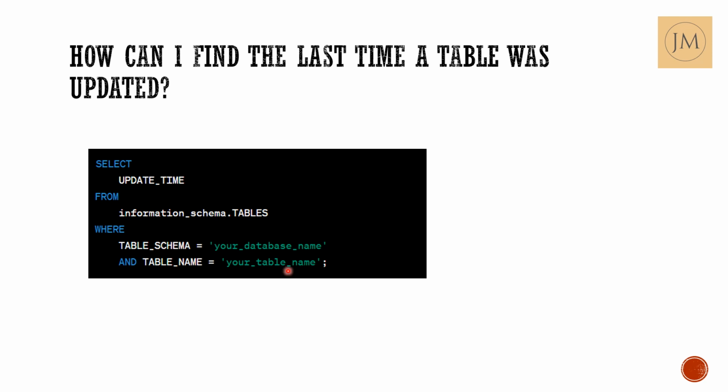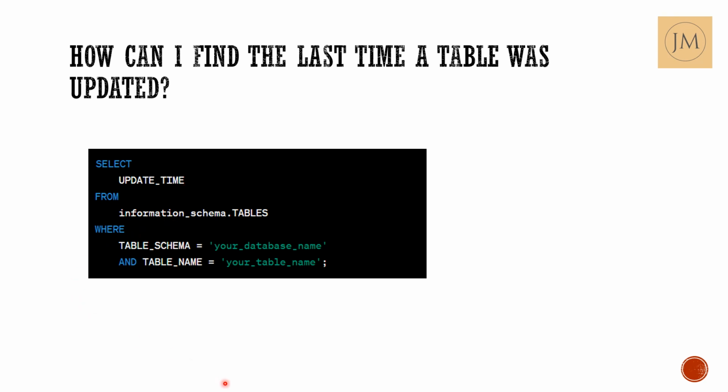But please note that if the table has never been updated since its creation, the update time value will remain null. The update time value is automatically updated by MySQL, so it reflects the time of the most recent update to the table. This includes any data changes like insert, update, delete, etc., or any structural changes like altering the table schema.